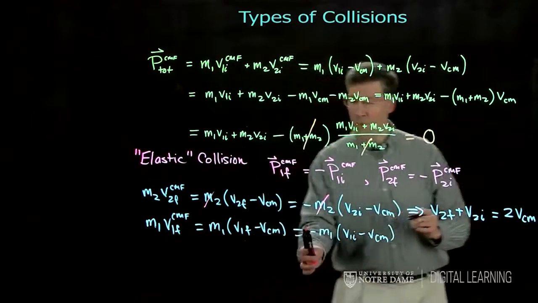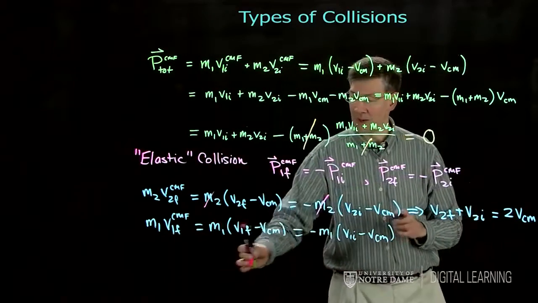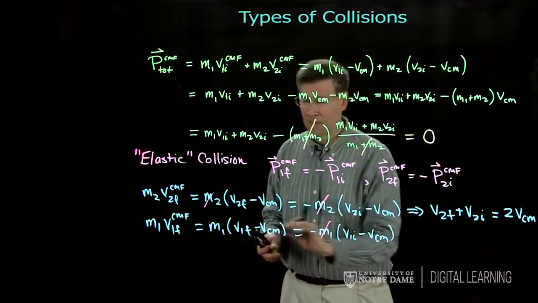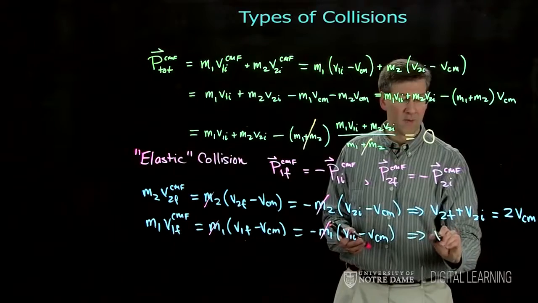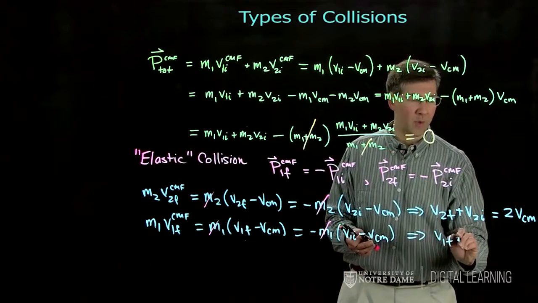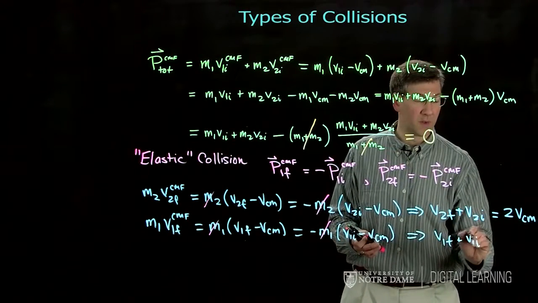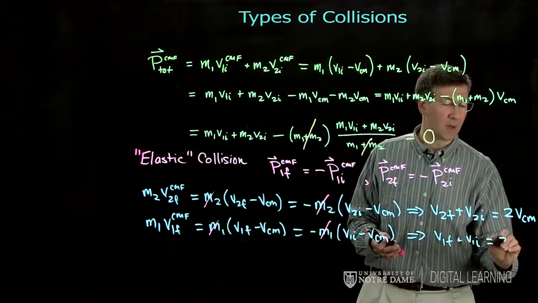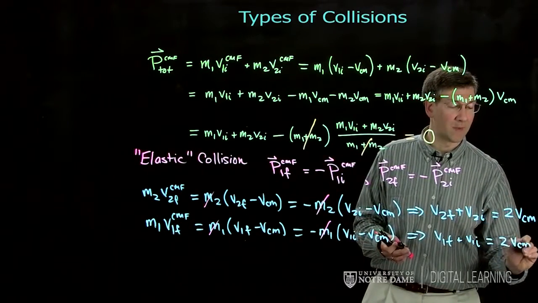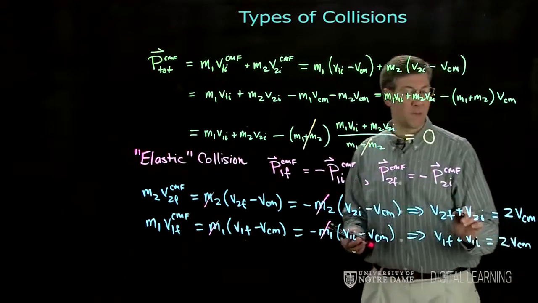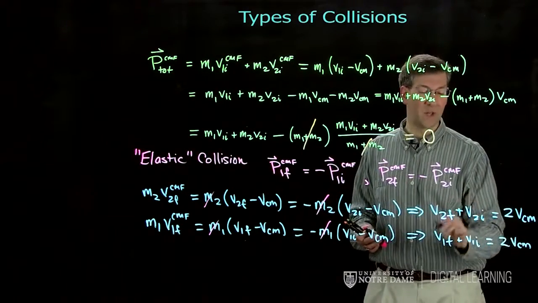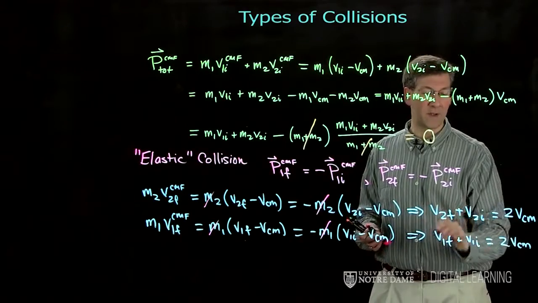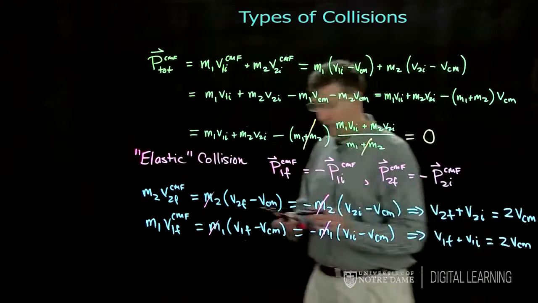OK, so when I remember the minus sign to move this over to the other side, remember that the masses are going to cancel out. And so I'm going to get, in this case, v1 final plus v1 initial. This is back in the lab frame, by the way, is equal to twice the velocity of the center of mass. So in fact, the sums of the initial and final velocities of objects 2 and 1 are both equal to the same thing.